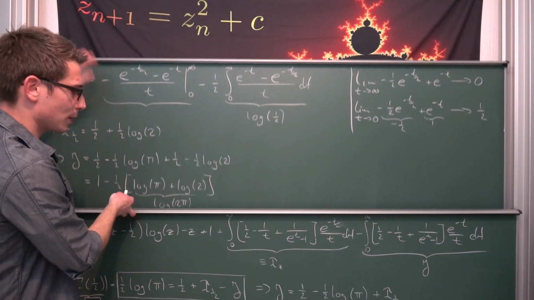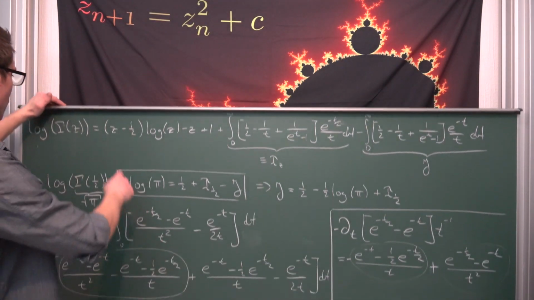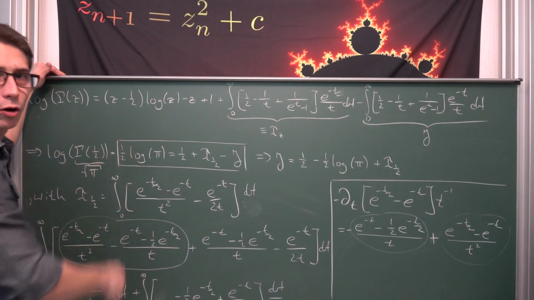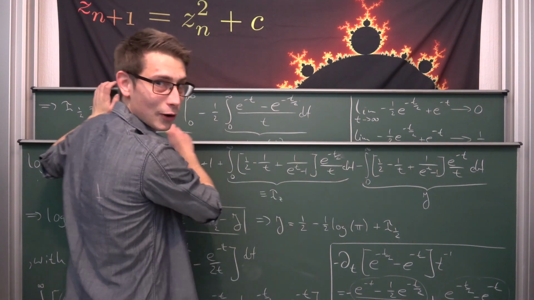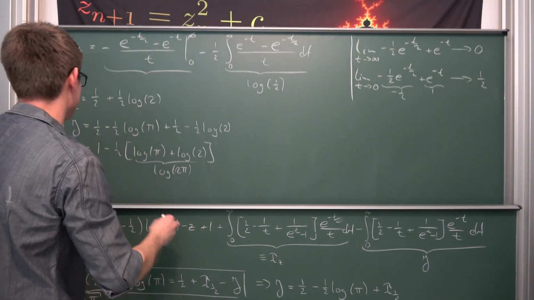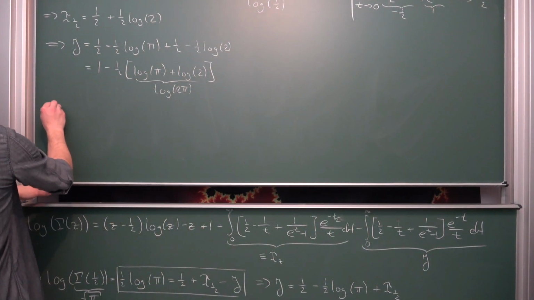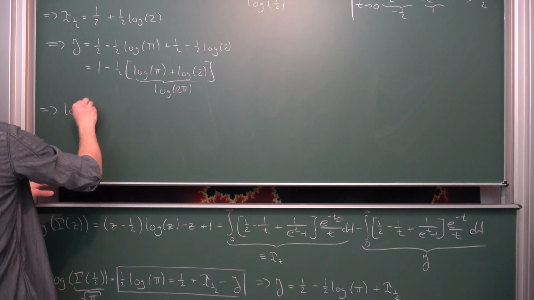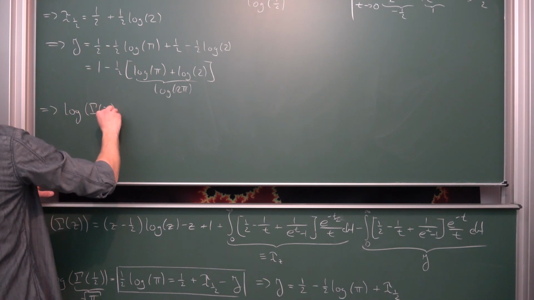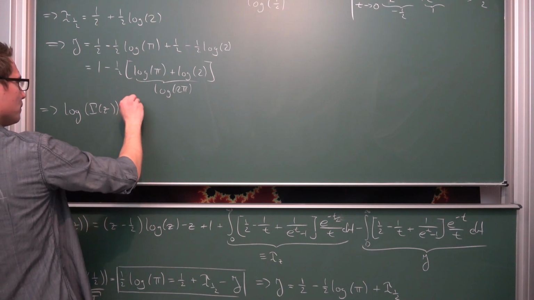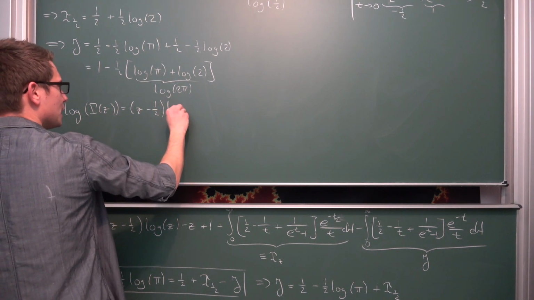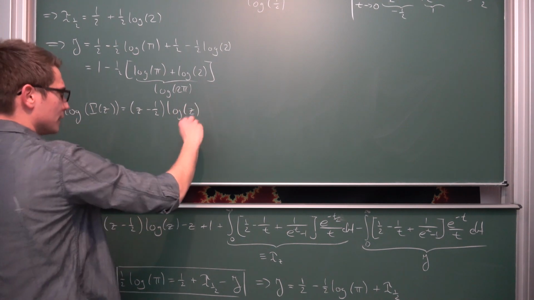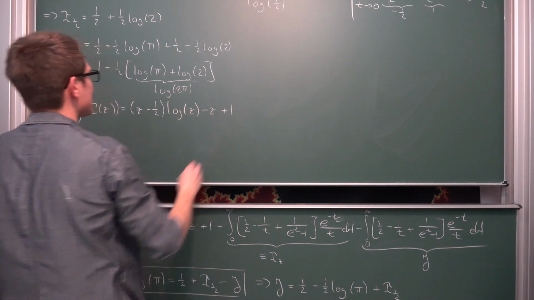And now we can just plug our J into our formula for log of gamma of z. And then we are done. Don't forget that we have a negative sign here, okay? We don't want to make any sign mistakes here, giving us overall a final formula for log of gamma of z being equal to z minus 1/2 times the natural log of z, then minus z plus 1.